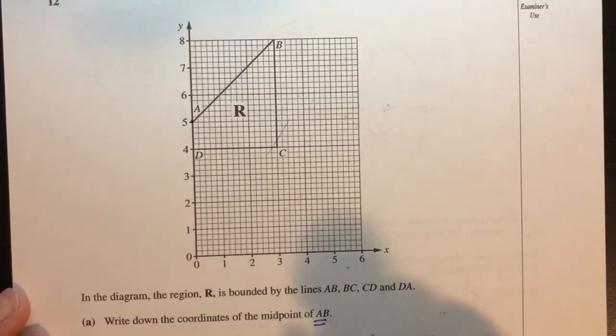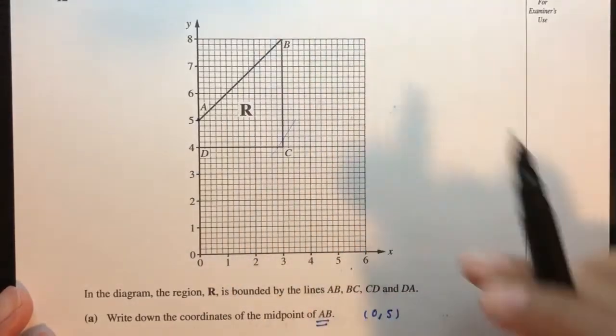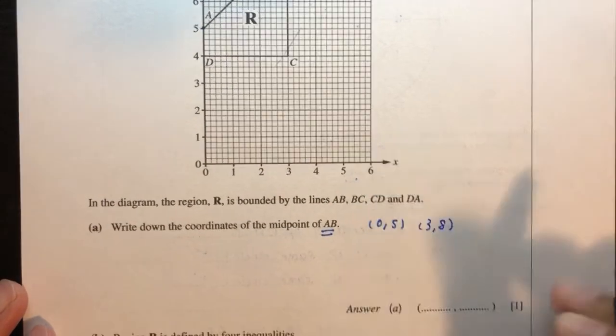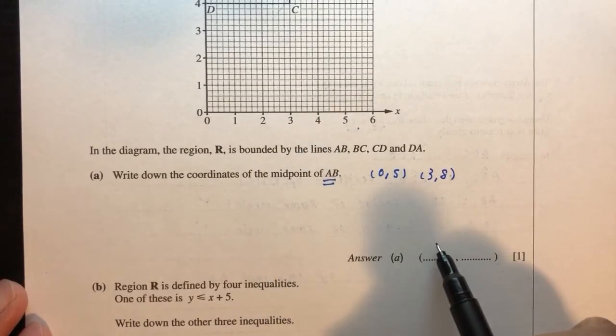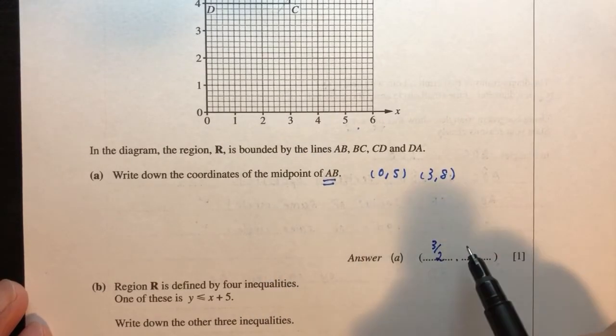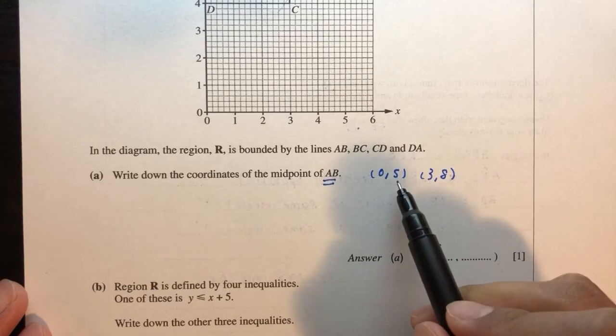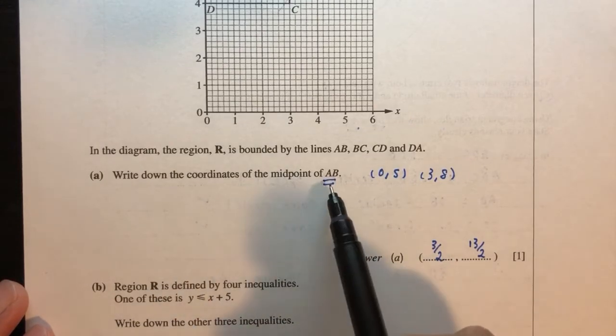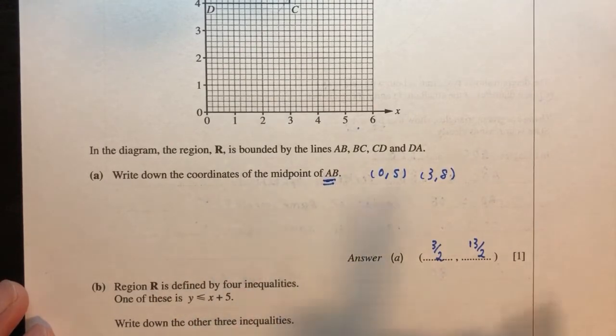A is 0, 5. What is the point B? 3, 8. So midpoint will be 3 over 2, and 5 plus 8 will be 13, so 13 over 2. That's the midpoint of the line AB.